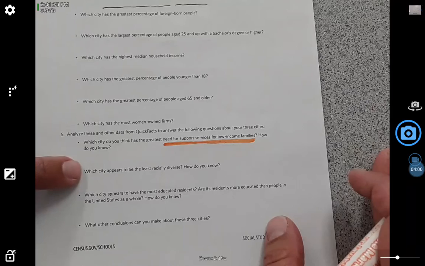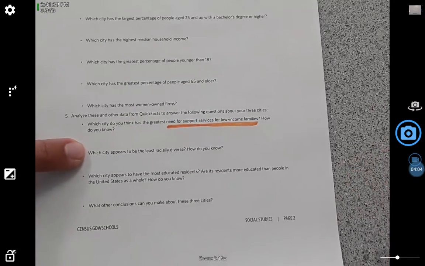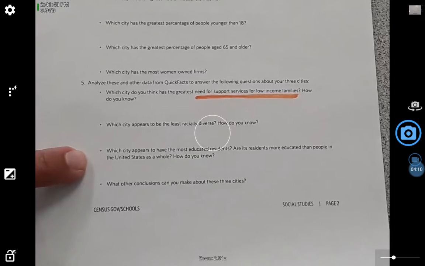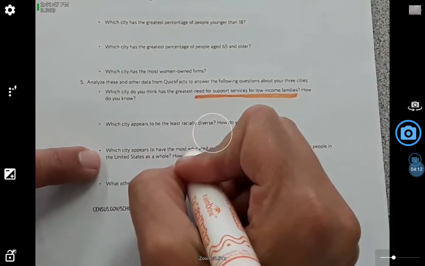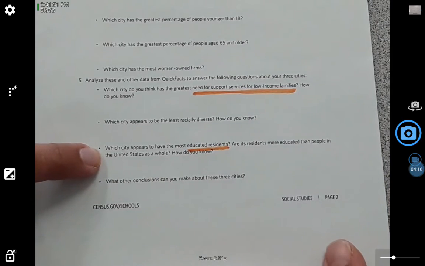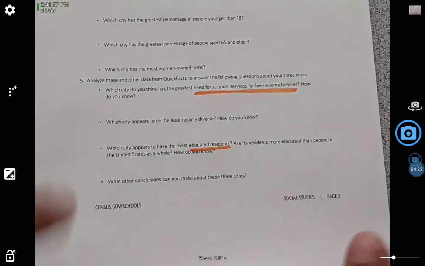Which city appears to be the least racially diverse? Again, you can look at the demographics and determine which one seems to be the least racially diverse. And most educated residents, there is a part that talks about level of education, what percent of residents have high school diplomas or bachelor's degrees, and you can look at that to determine that.